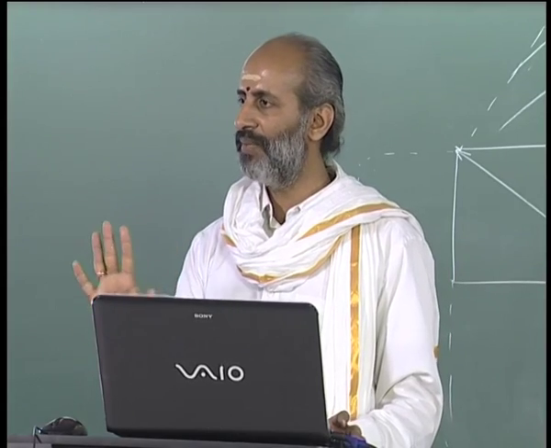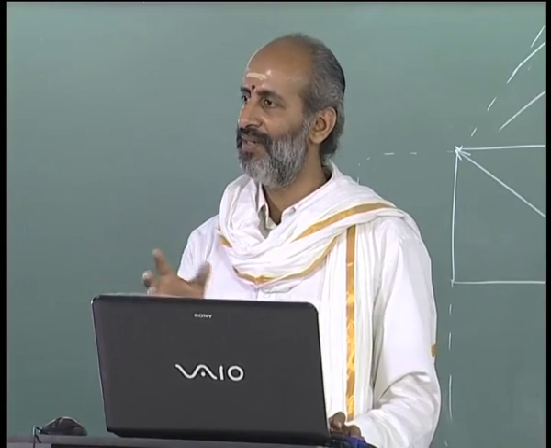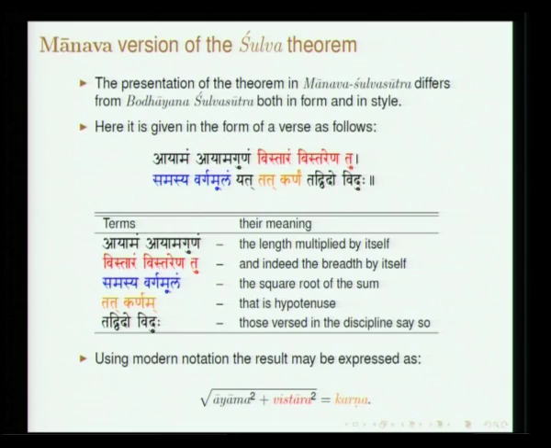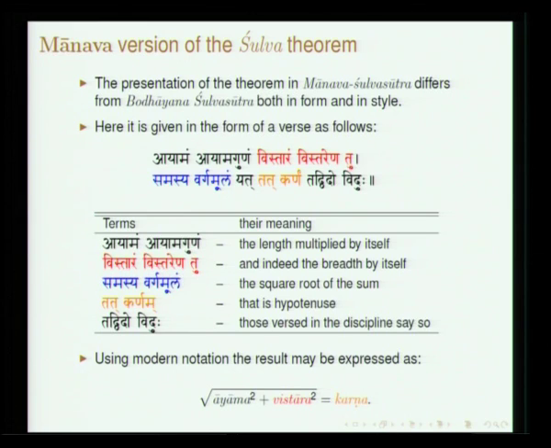You multiply Ayama by Ayama, Vistara by Vistara. So if you consider one side as A, find A square, then for Vistara find B square. Samasya means adding them together. Vargamulam is the square root, so the square root of A square plus B square is C. Essentially, the square root of Ayama square plus Vistara square is Karna. So this is what it says.